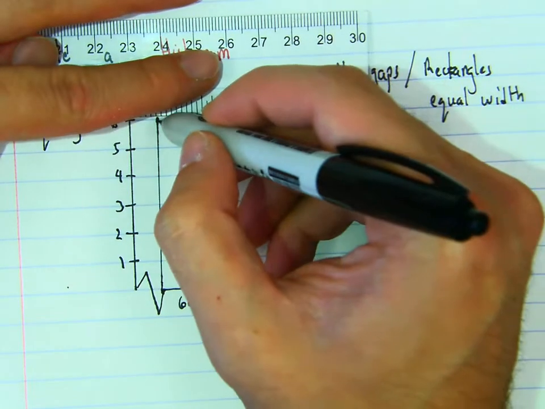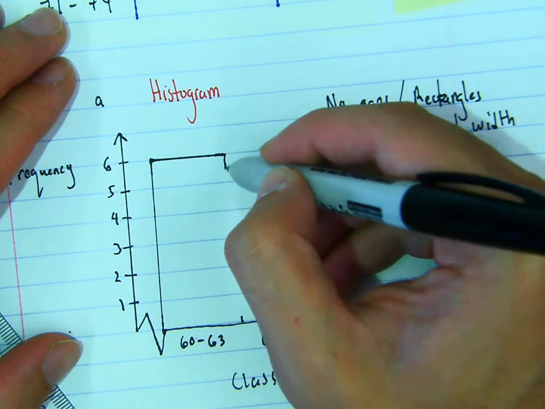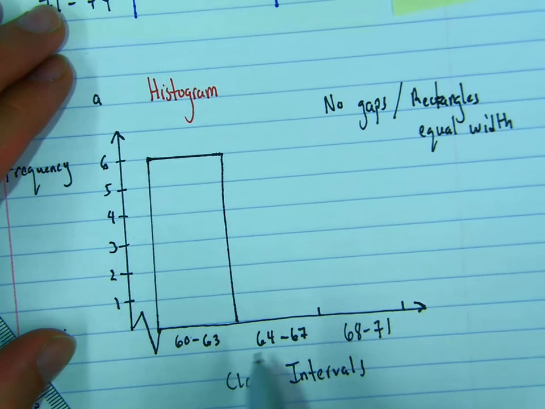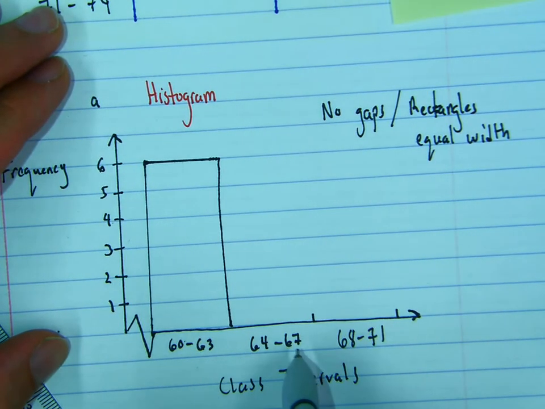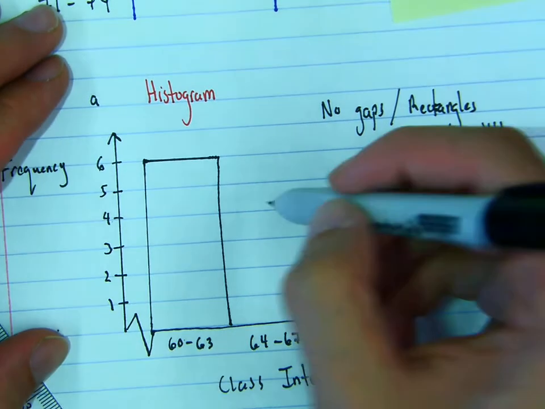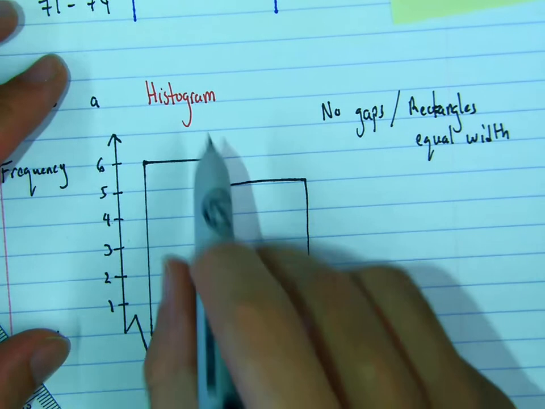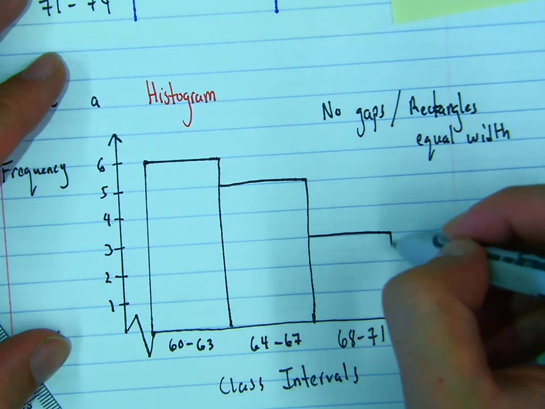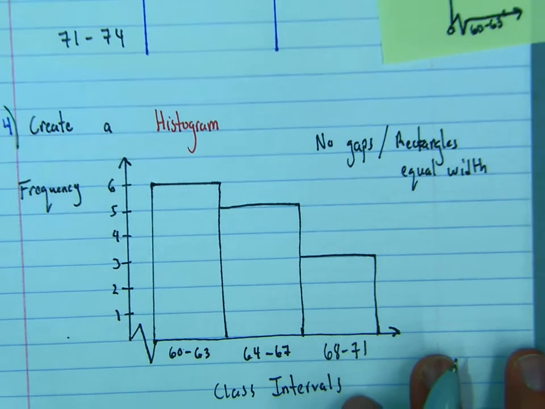Okay, I cheated there just a little bit because I need to speed up the video, but you get the idea. How many were between 64 and 67? 5 people. And then 68 to 71, there were 3 people. And then bam, here is my histogram showing these data values.